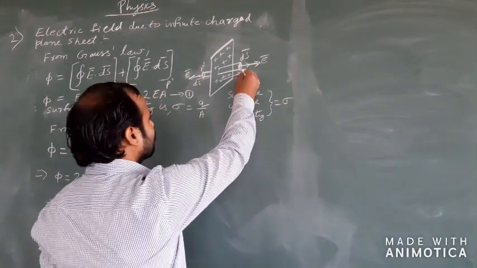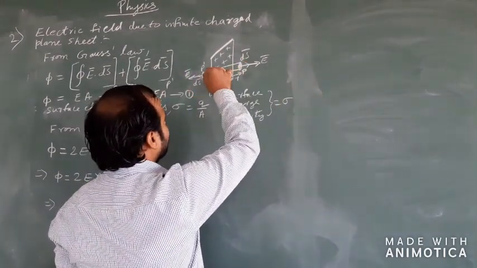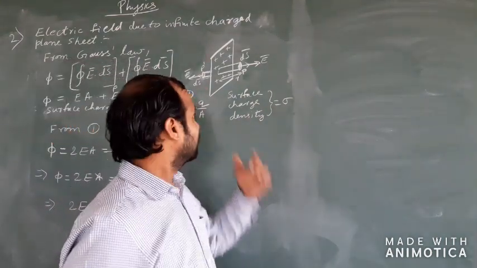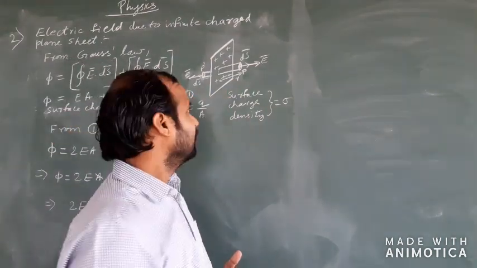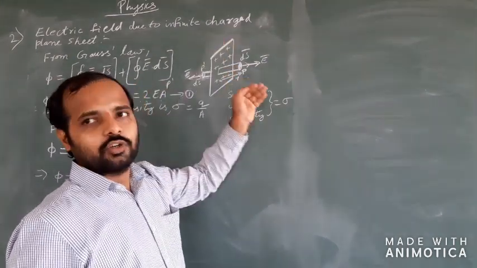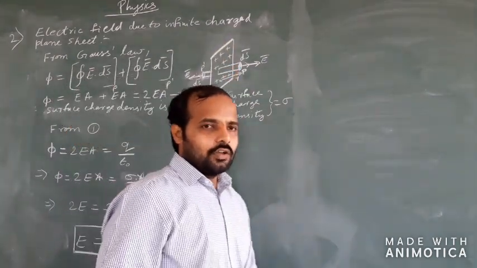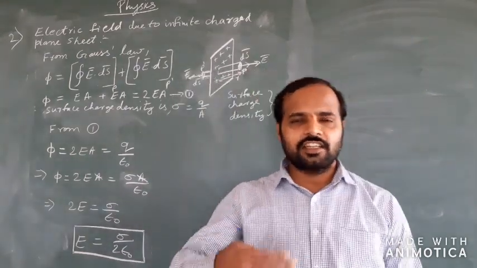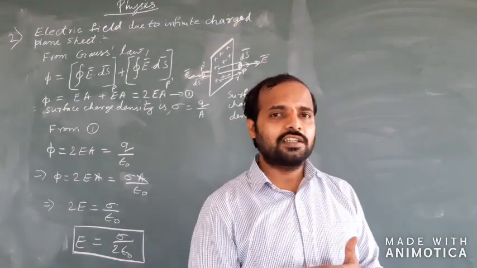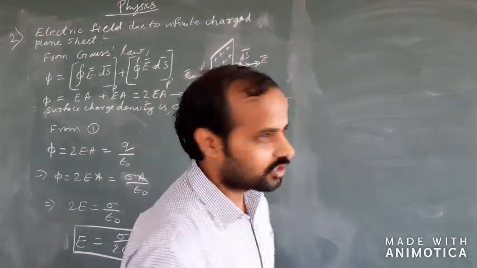So we are going to take 2 points P and P dash on either side, that is, on both sides of the plane sheet carrying the charges. This is to understand that the charges get distributed all over the surface. All over the surface in the sense that it is not getting distributed only on one side, it is also going to get distributed on the other side of the sheet as well.